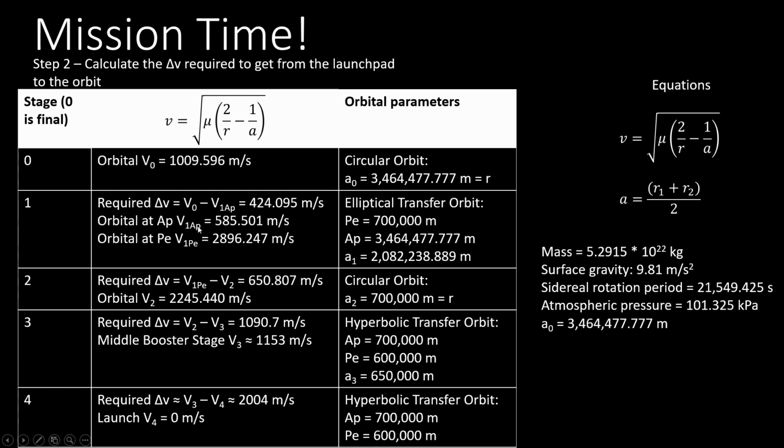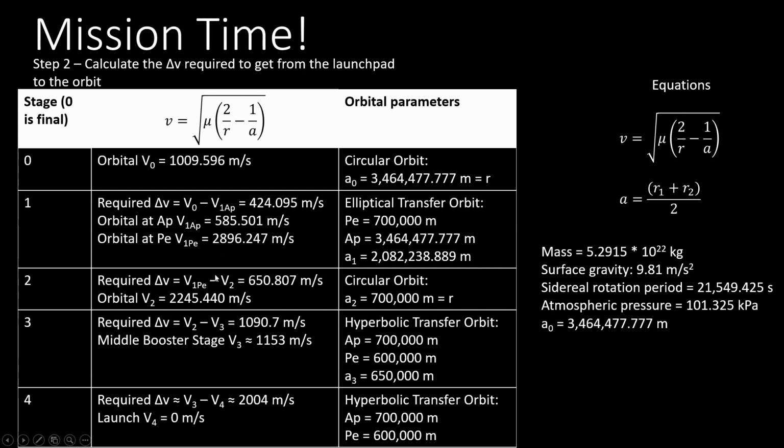This means that in order to get, for example, from our circular 100-kilometer orbit into the transfer orbit, which has its apoapsis at our required height, at the geostationary height, we need to burn from our orbital speed in our circular orbit, and we have to take the new orbital speed that we'll get from that burn.